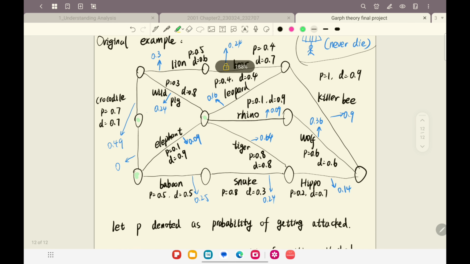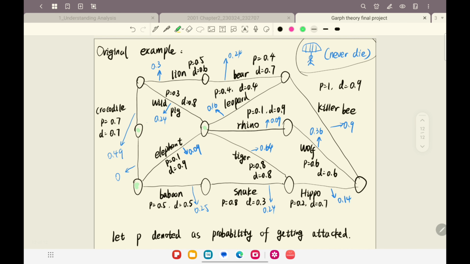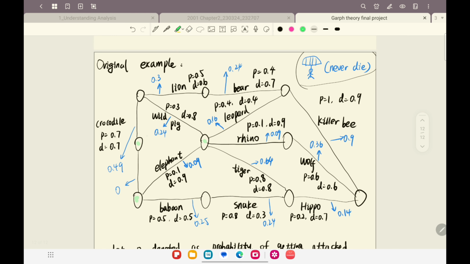And here we listed all the different animals on each path. We have crocodile, elephant, baboon, snake, hippo, wolf, tiger, rhino, leopard, wild pig, lion, bear, killer bee.